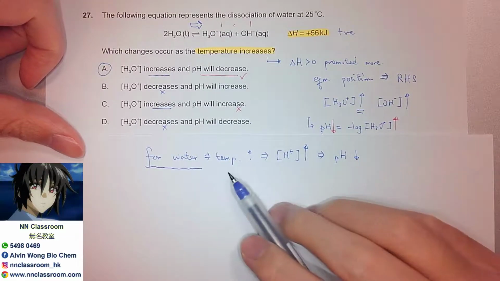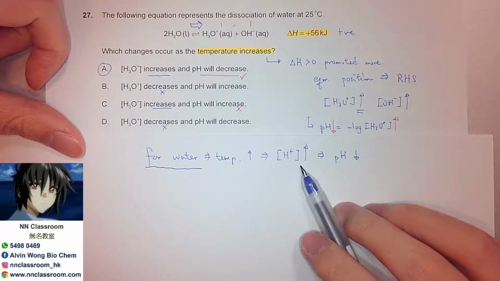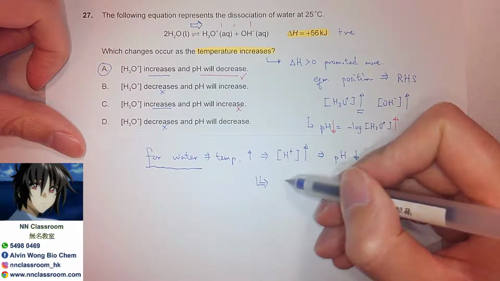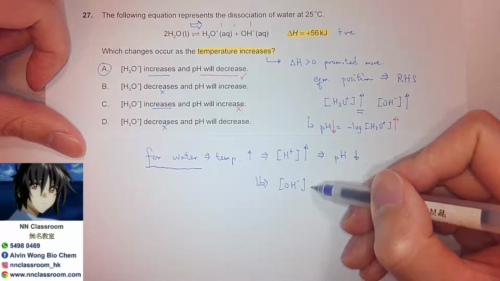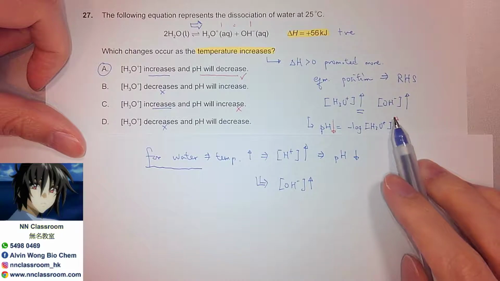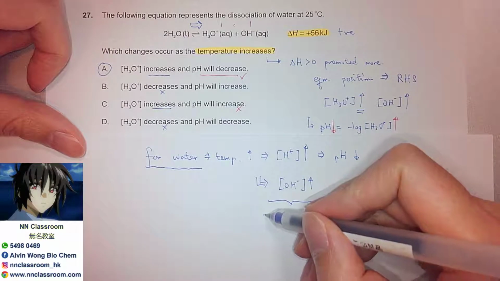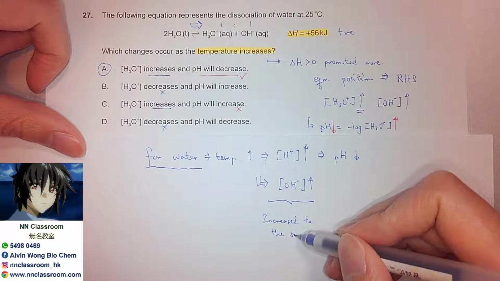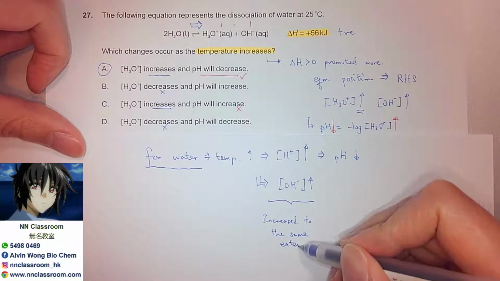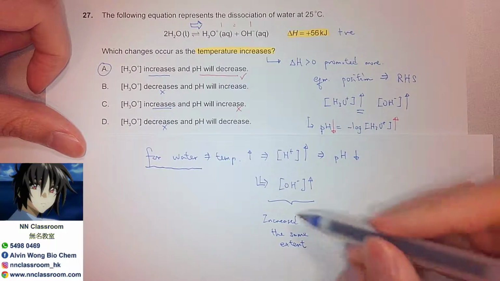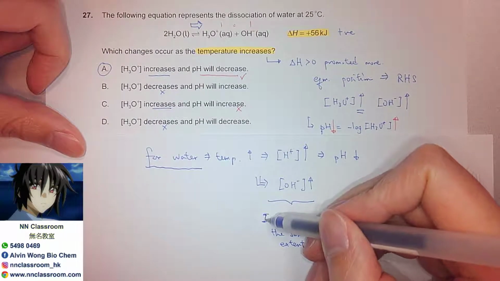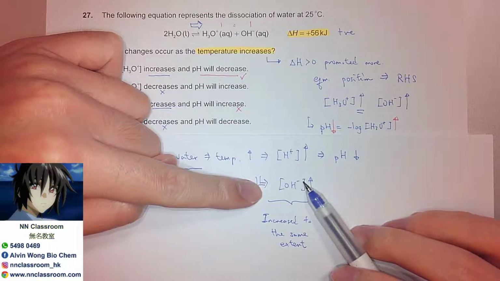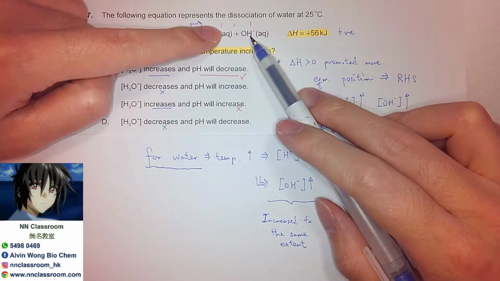That's all because it's true that for a temperature increase, we have a greater proton concentration, brilliant. But then don't forget that our hydroxide ion is actually increased to the same extent. So this is the really important concept, because both the hydronium or proton and hydroxide ion are increased to the same extent according to the 1:1 ratio.